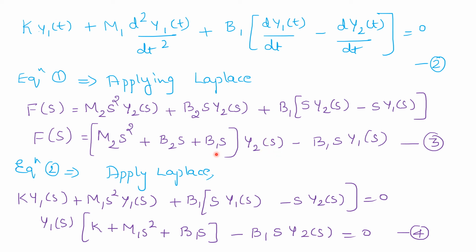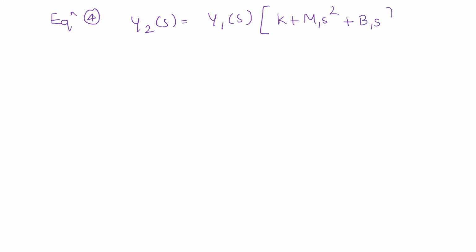After substituting and simplifying, it has to be in terms of only Y1(s) and F(s). So, equation 4 gives Y2(s) is equal to Y1(s) into k plus m1 s square plus b1 into s, divided by b1 s. So, this is Y2 in terms of Y1. Take this as equation 5.